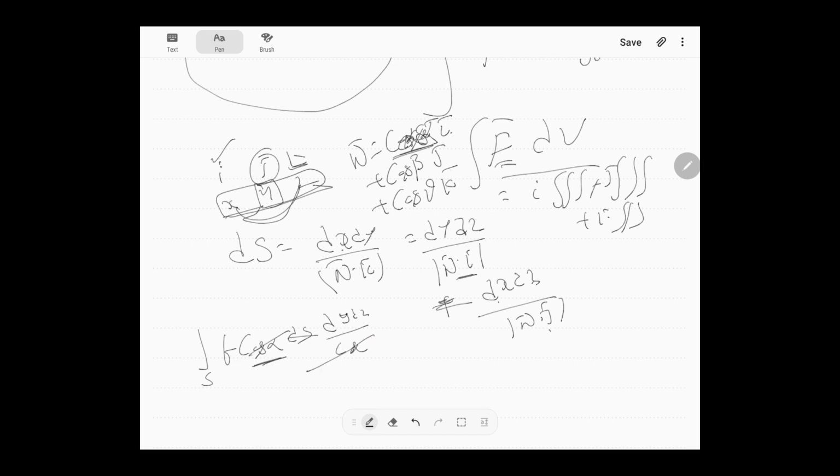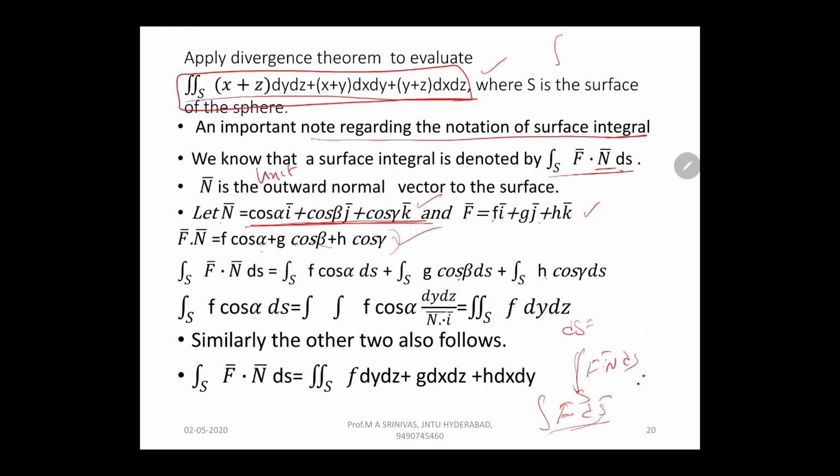Cos alpha. So the cos alpha cancels, and f dy dz remains. Similarly, the second one is the integral over s of g cos beta with dx dz, which becomes g dz dx, and the third becomes h dx dy. That is what the surface integral ultimately can be written as. How do you write the surface integral?